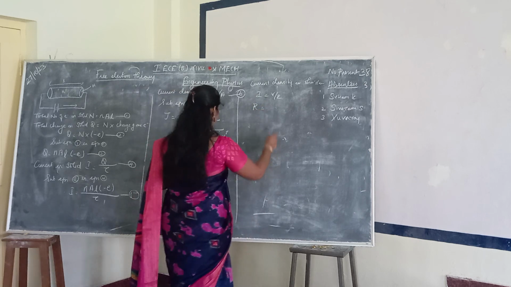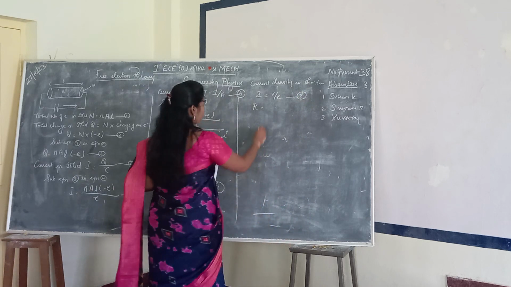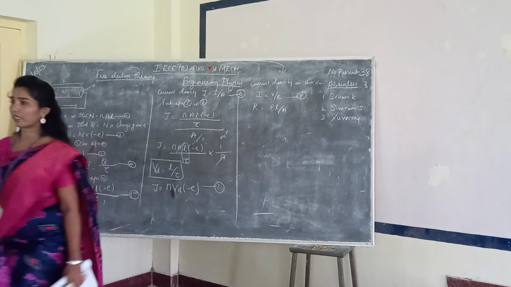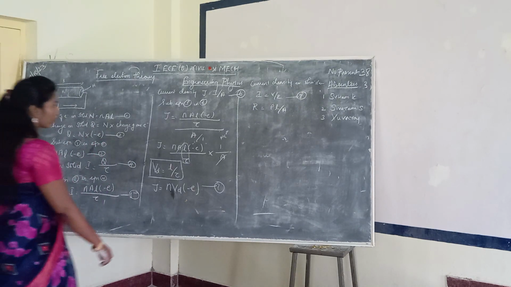This is the 8th equation, and the resistance value is equal to rho L divided by A. This is the 9th equation.